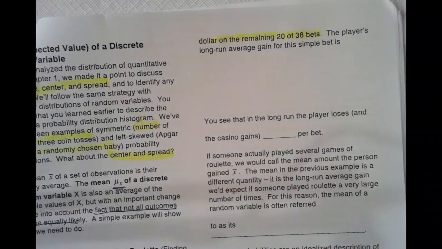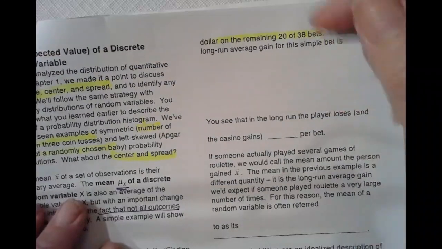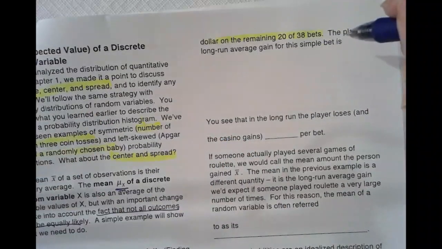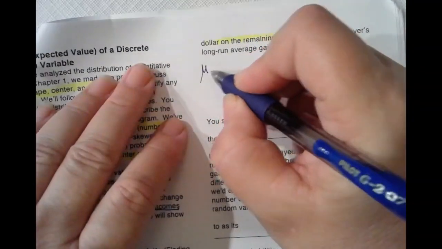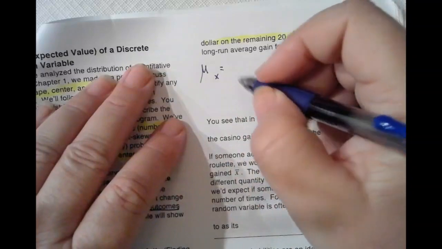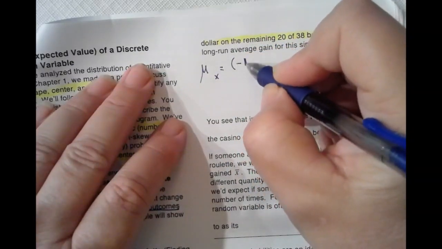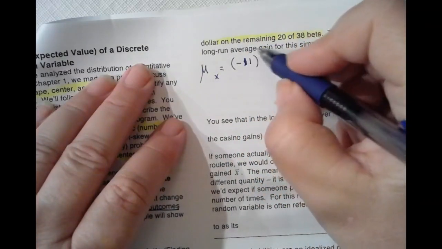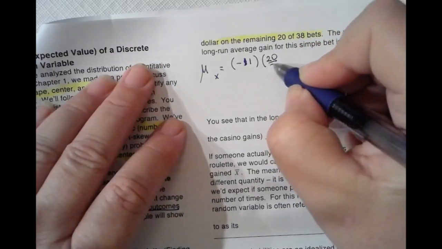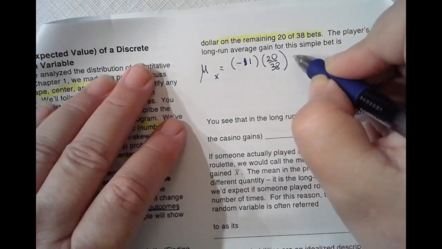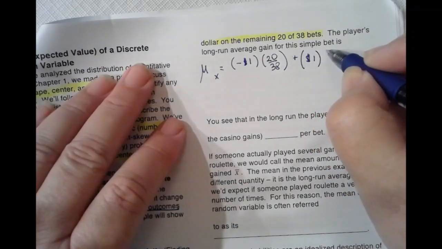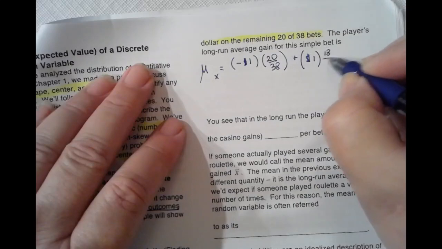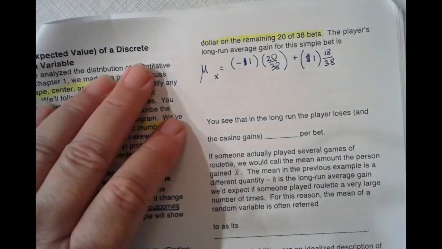So the player's long run average gain for this simple bet is, so we are looking for the mu of X. The average of X is equal to, I lose a dollar times 20 over 38 plus win a dollar, which is 18 out of 38.